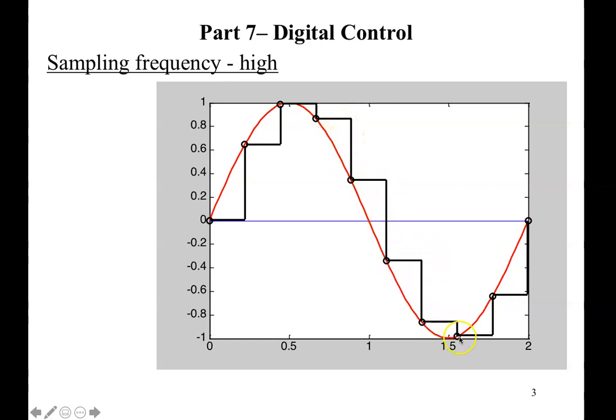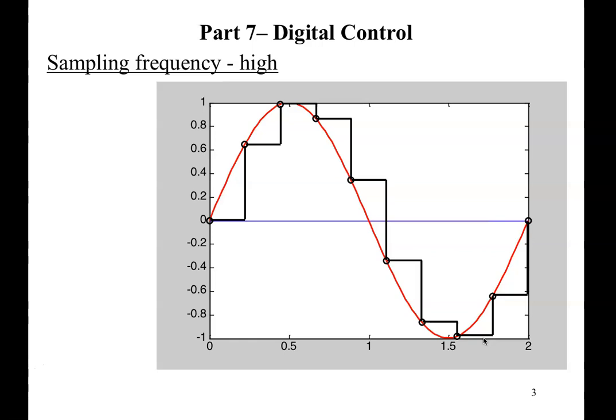It's a problem we already discovered a little bit, but the point I'm trying to make here is not about the steps. It's about the average of that. You can see if I draw a sketched average of that black line, there's a delay between the red and black line.